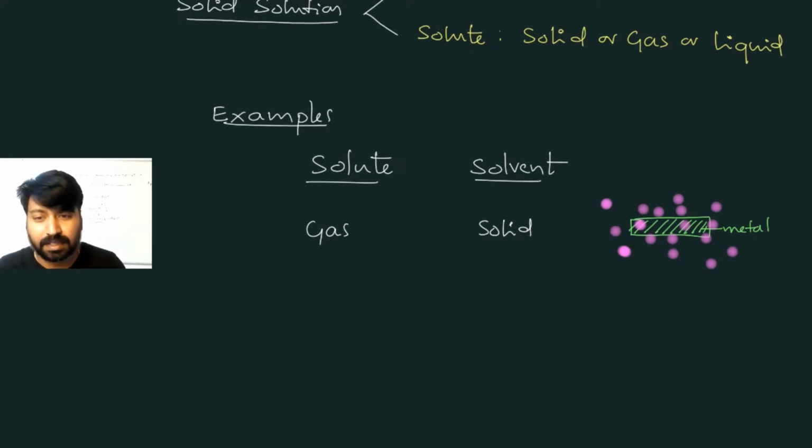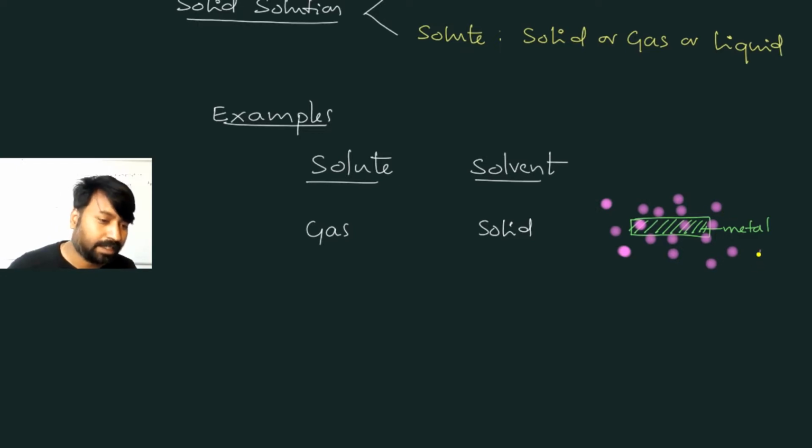You can take a platinum or palladium metal. The hydrogen gas gets adsorbed or enters into the metal pores. In the small pores, the hydrogen gas gets inserted. So this is also an example of a solid solution.